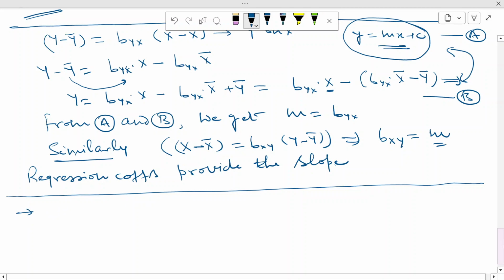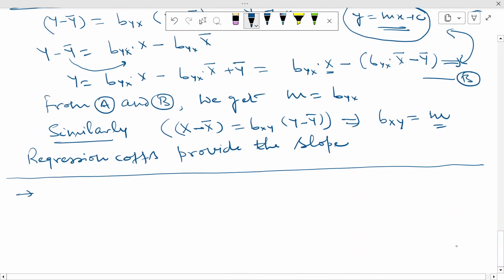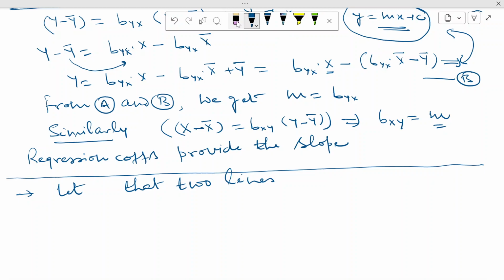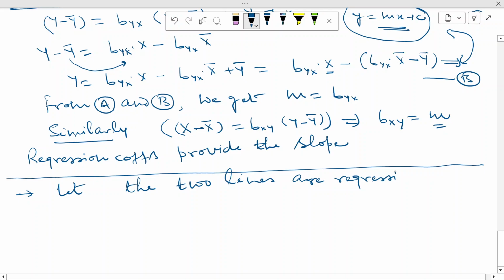We are assuming that, basically we have to test, so it will be good if we mention: let the two lines be regression lines.